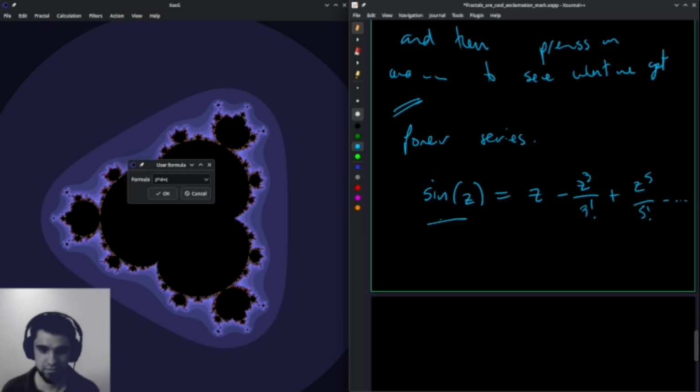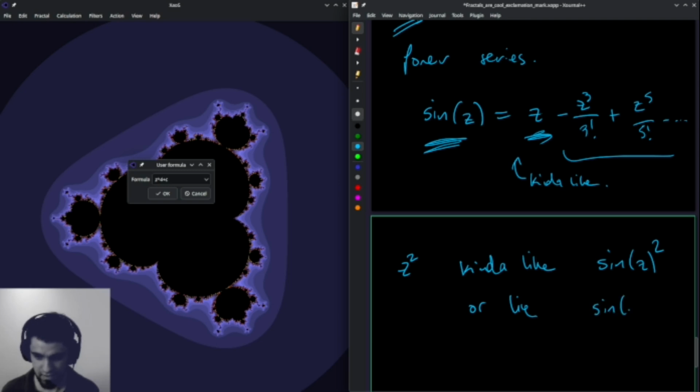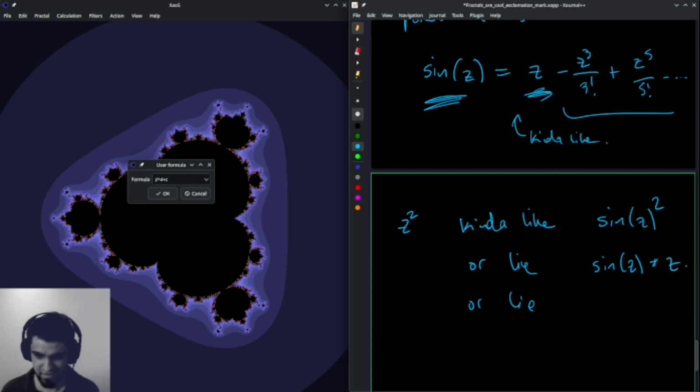And so sine of z, if we ignore the bigger terms, looks kind of like z. And so z squared is going to be kind of like sine z times z, or like sine of z squared.